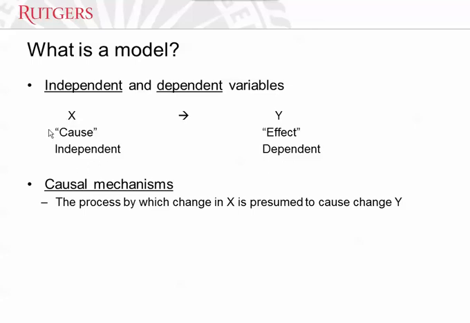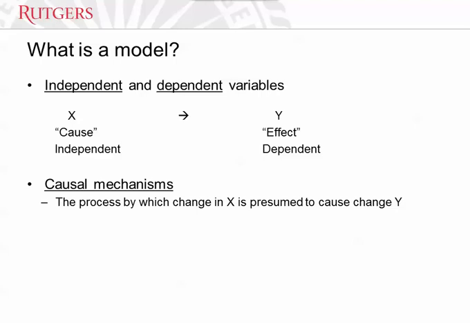Another way that the independent variable gets its name is that the independent variable is something that's manipulated. It's a policy or intervention or something that we change. So its variation is manipulated independently in order to observe its effect on the dependent variable. So that's how they get their names. But the terms are widely used in statistics and in research and in just thinking about evidence about how the world works.